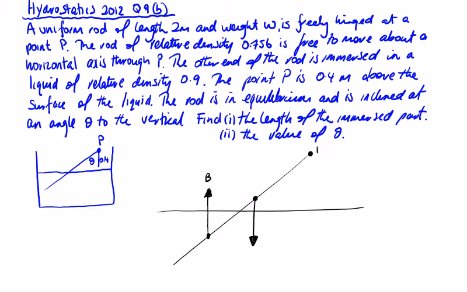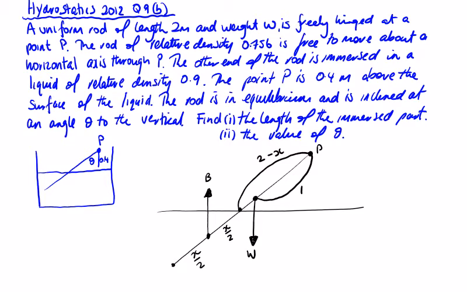This is P, W, and this is going to be 1 meter. If we let the part underneath be X all the way, these are going to be X over 2 and X over 2. And then from the surface to P is going to be 2 minus X.